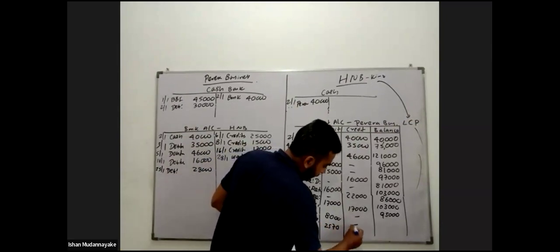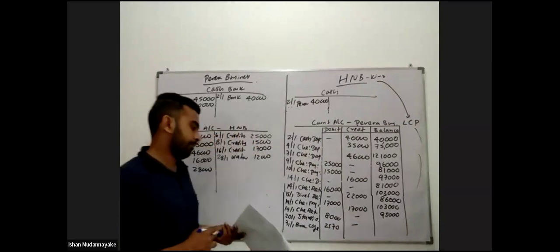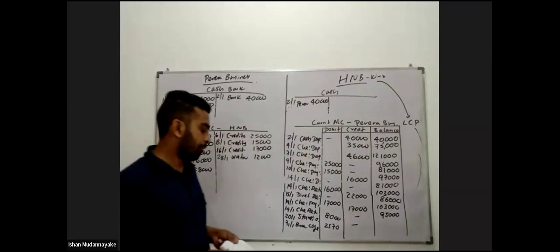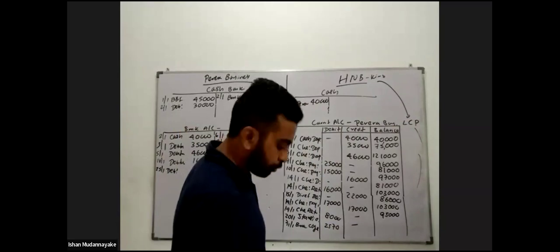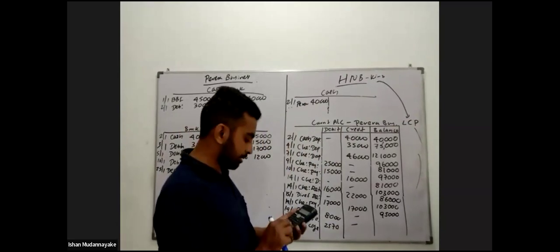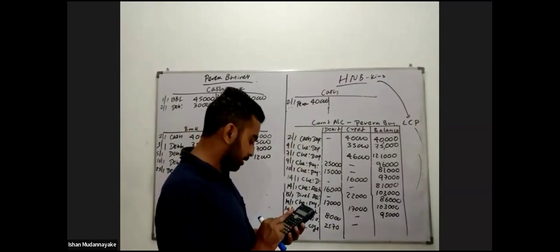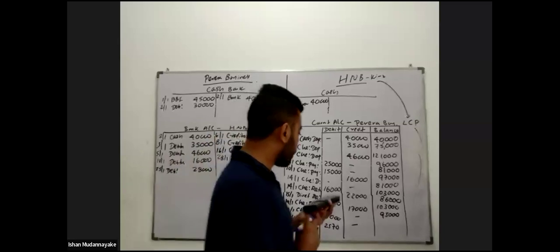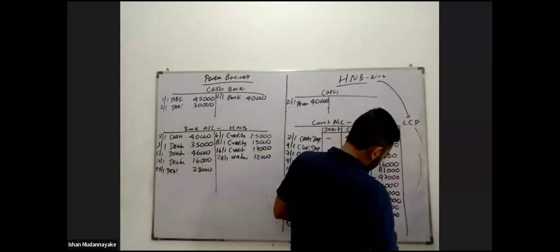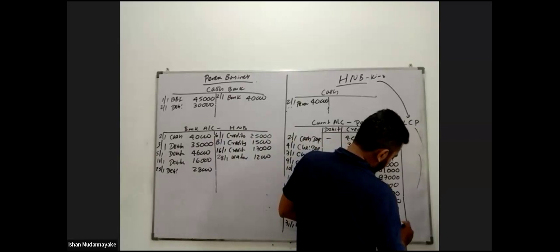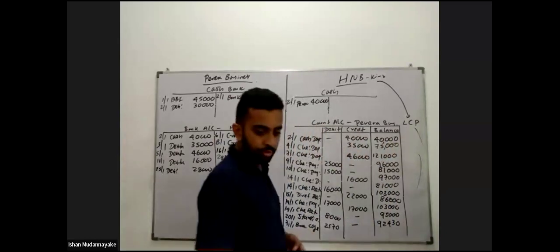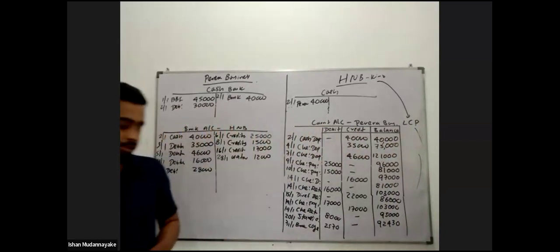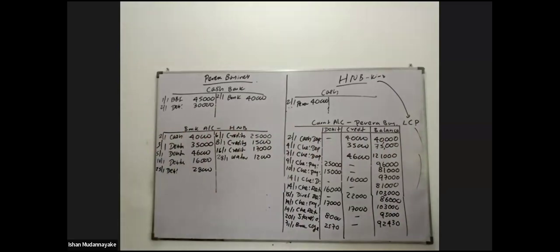Right now, the balance is 95,000 minus 2,570, which is 92,430. We recorded all the transactions in the bank account as well as in the current account.